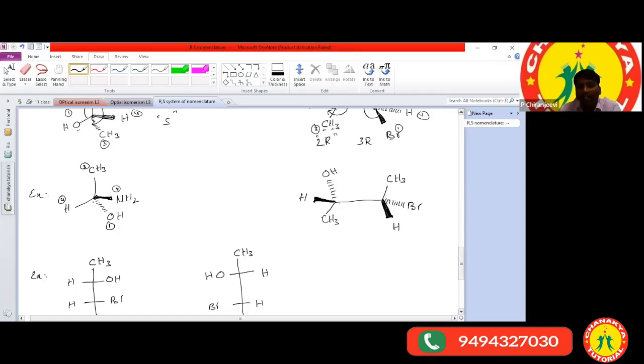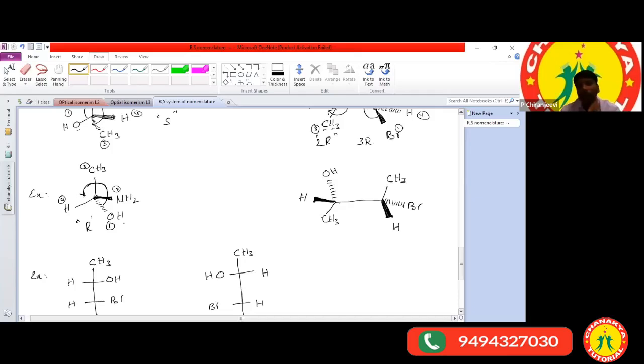If the least priority group is present on the horizontal line, clockwise direction means S isomer, anti-clockwise direction means R isomer. Now as per you, priority order 1, 2, 3: this is the 1, this is the 2, and this is the 3. Now the priority order is going in anti-clockwise direction. Whenever it goes anti-clockwise, you will get R isomer.